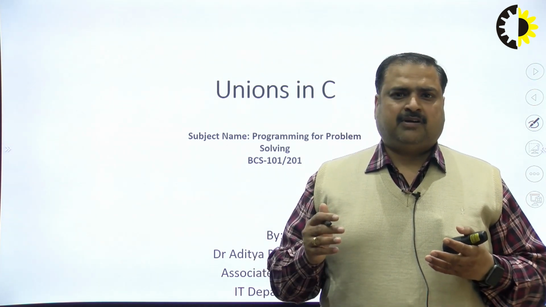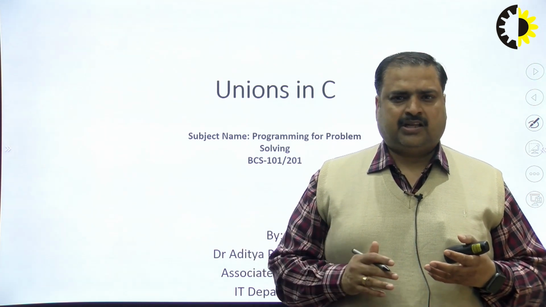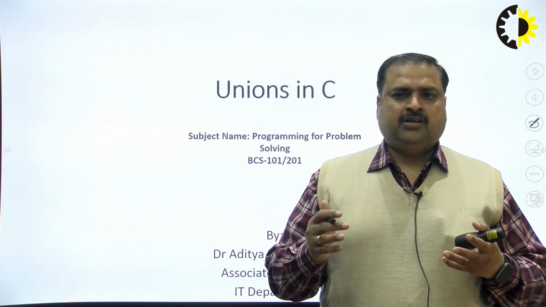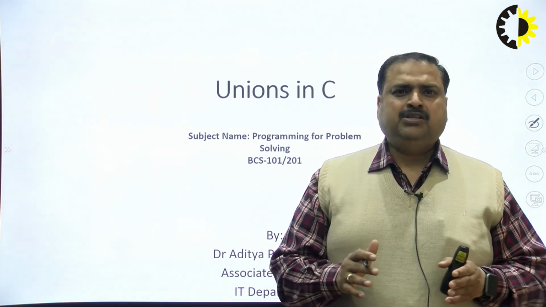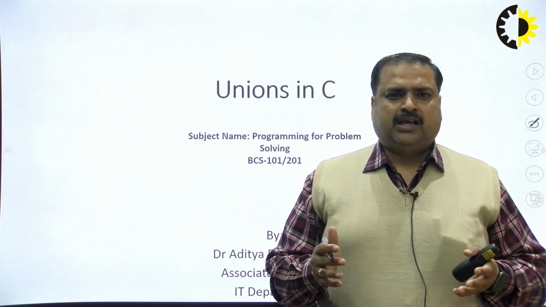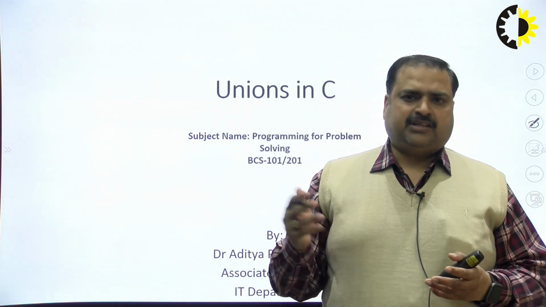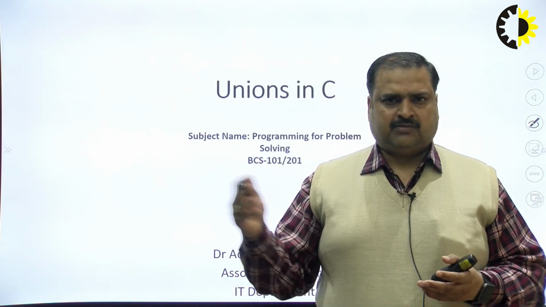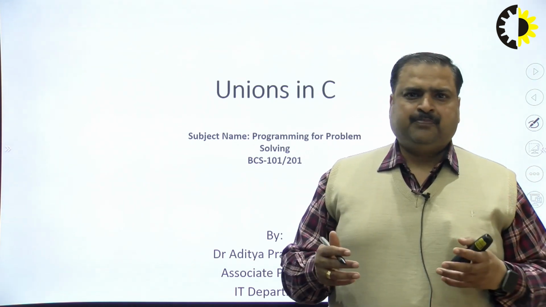Person can have a date of birth, that can again be a character array. Person can have age, and that can be an integer value. So, we can make a bunch of all these members and bundle it as a person template, and then we can create variables for that: person 1, person 2, person 3. Such kind of thing we were doing in structures.